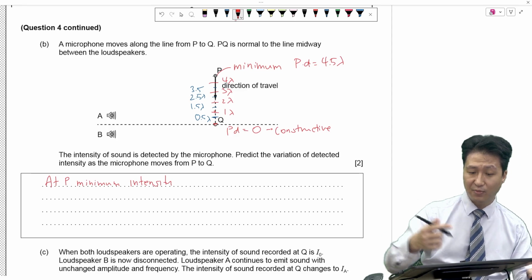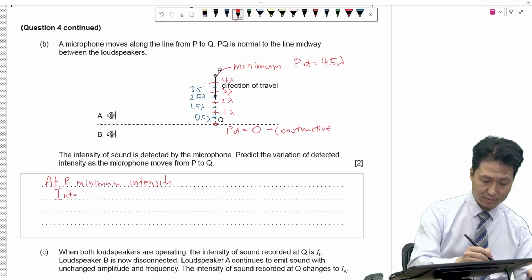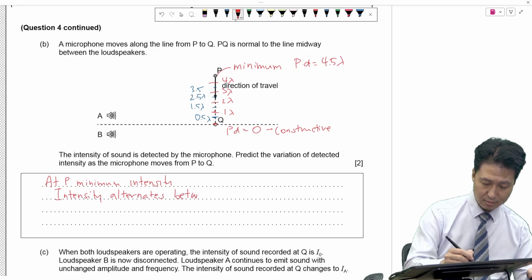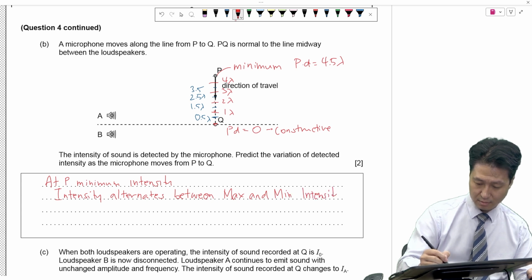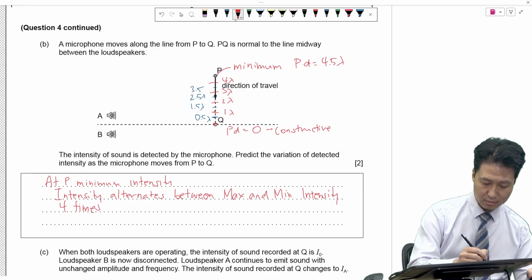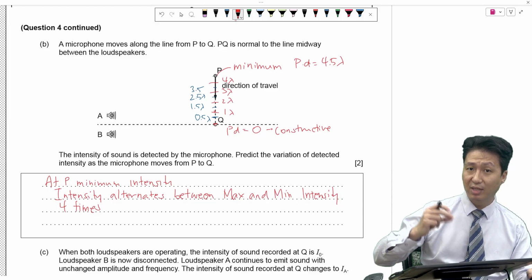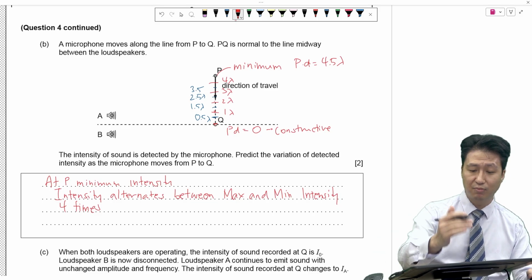You will cross 4 points of maximum intensity that alternate. And it will alternate between maximum and minimum intensity 4 times, because there are 4 constructive interference points and 4 destructive interference points between P and Q.